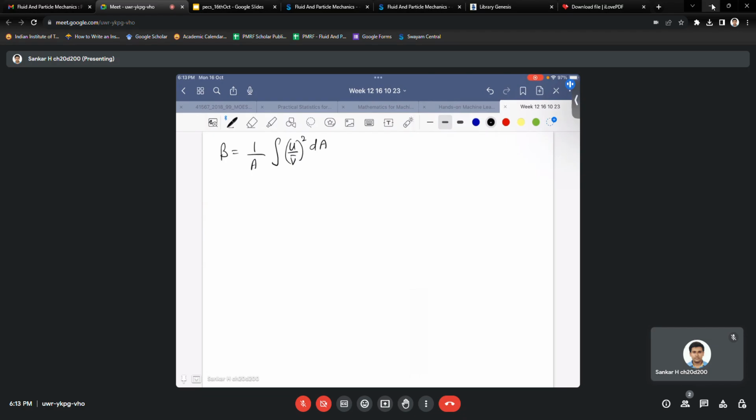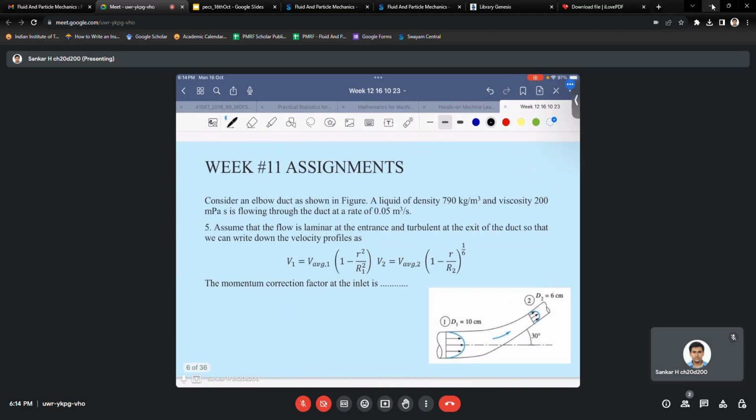Now there's a small mistake in the question. I don't know if you have realized it, but I'm hoping that you would be able to catch something like this on your own. It is given that the flow is laminar at the entrance, and V1 is related to the average velocity as V1 equals V average times 1 minus r square by r1 square.